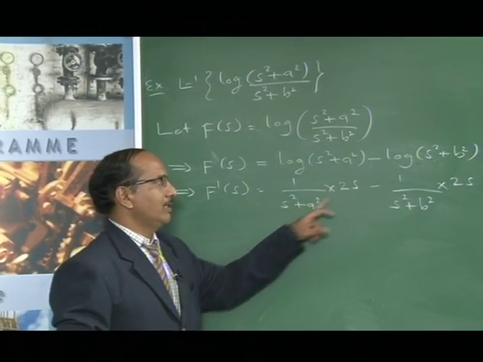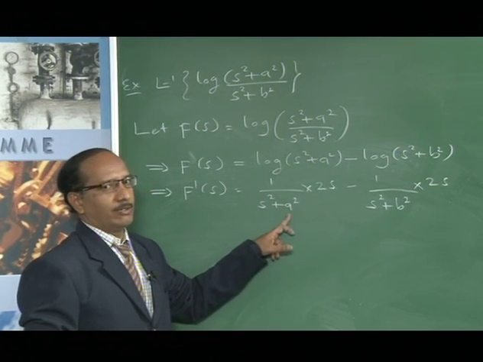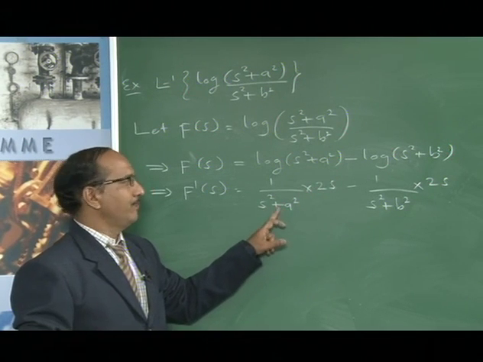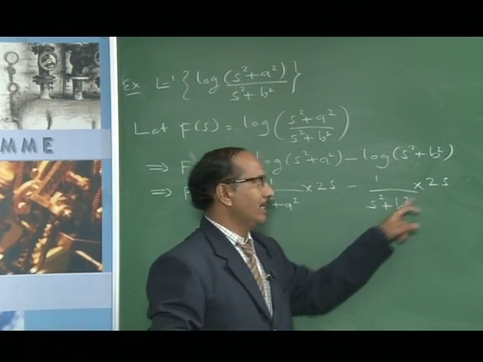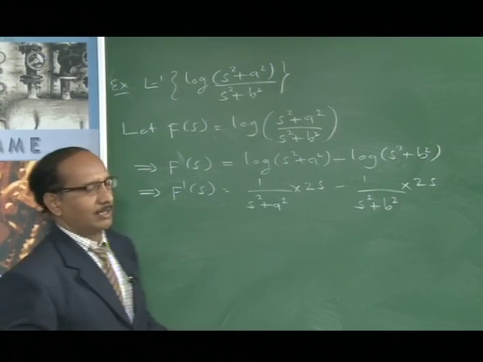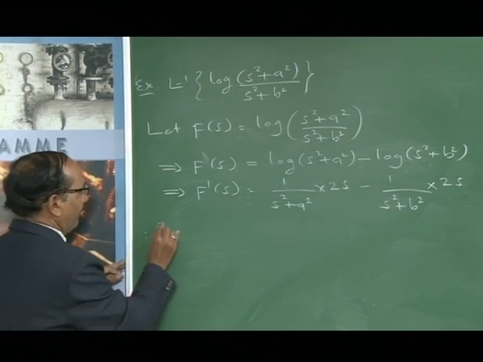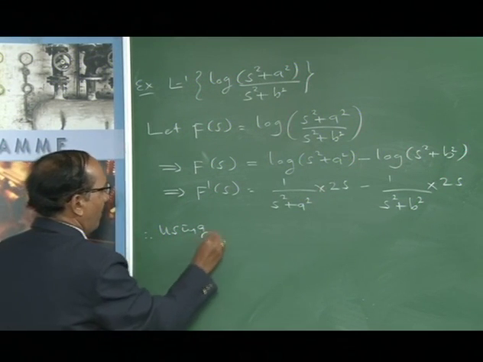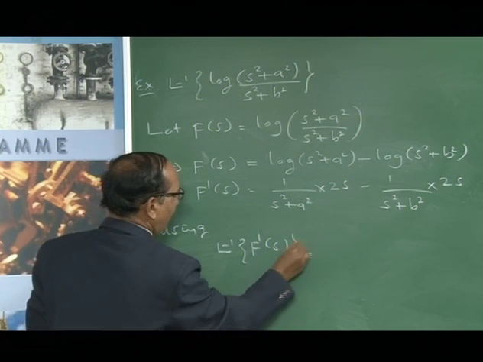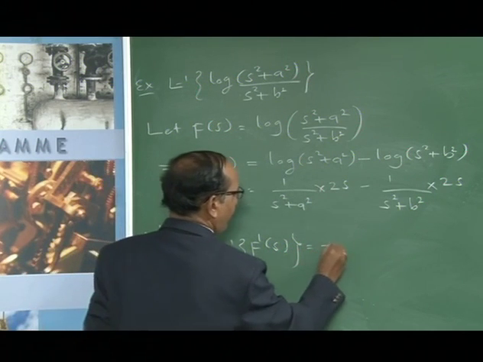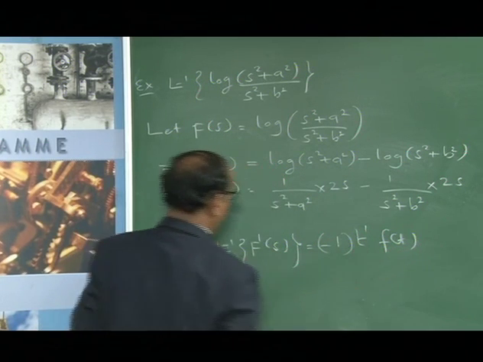They are matching with the cos a t terms. S divided by s square plus a square is the transform of cos a t. Similarly, s divided by s square plus b square is the transform of cos b t. Therefore, using n equal to 1 in the formula, f dash s is equal to minus 1 raised to 1, t f of t.